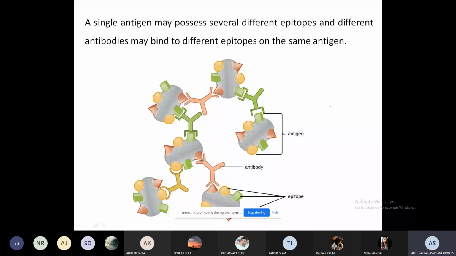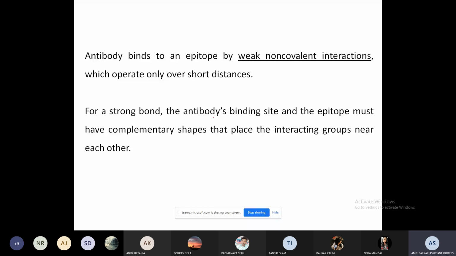Now, how do they bind? Just for information, an antibody binds to the epitope by weak non-covalent interaction. There are two major types of bonds: one is weak interaction, another is strong interaction. Strong or covalent interaction takes place only when there's a sharing of electrons.